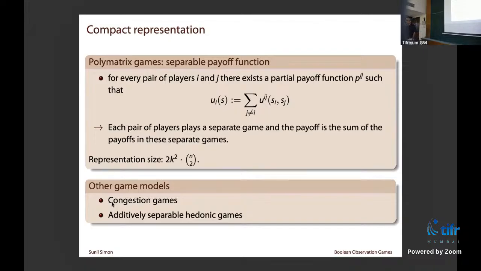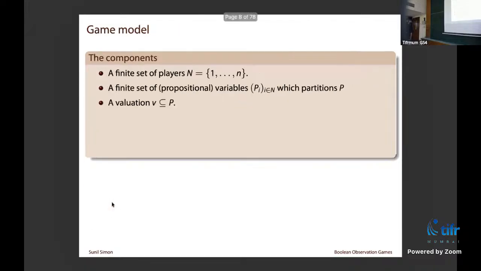But if you're looking at a one-shot game, the kind of thing I'm talking about, you can also give goals as Boolean formulas. These are called Boolean games, and I will come to that in a minute. What we are looking at is a model very similar to Boolean games. The setting is very simple. You have a finite set of n players and a finite set of propositions.